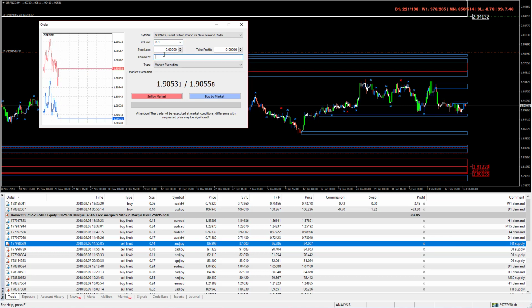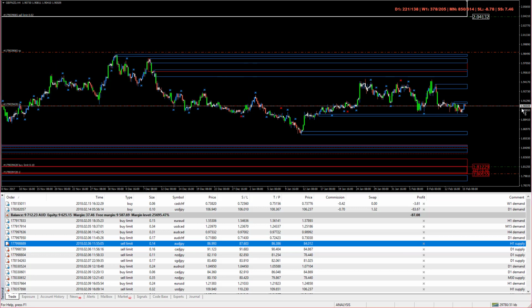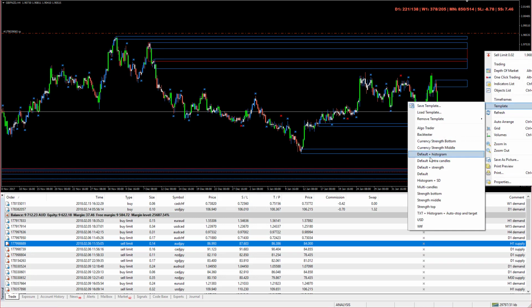This is daily demand. $180.15. There we are. Good. Let's put the template on.